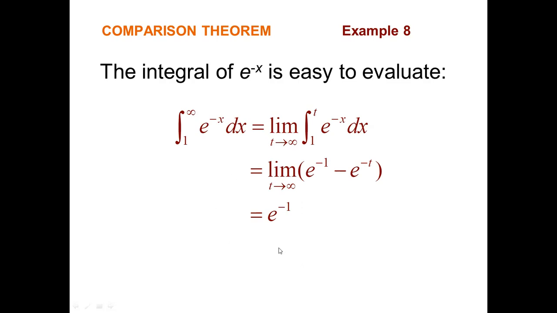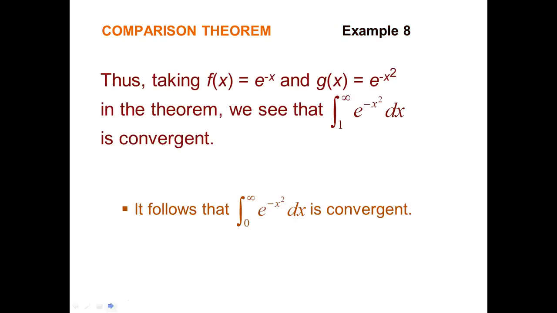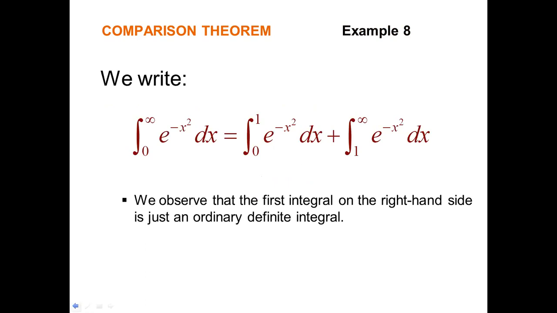So you see, the integral of e raised to minus x, which is greater than the integral of e raised to minus x squared, has a definite value. So using the comparison theorem, we can therefore conclude that our integral of e raised to negative x squared dx is convergent because the integral of e raised to minus x, which is greater than this one, is convergent. So we used letter A of the comparison theorem actually.